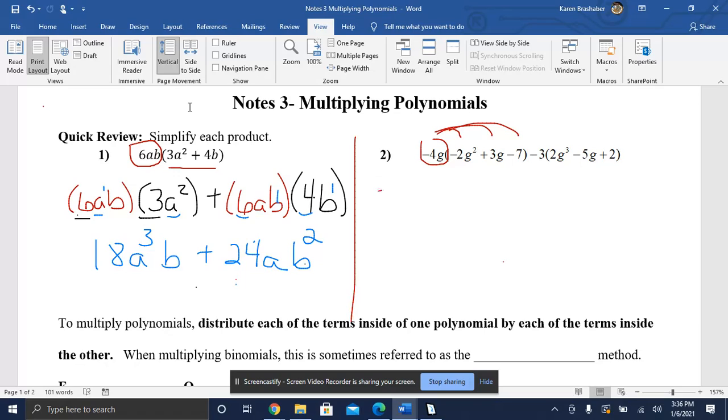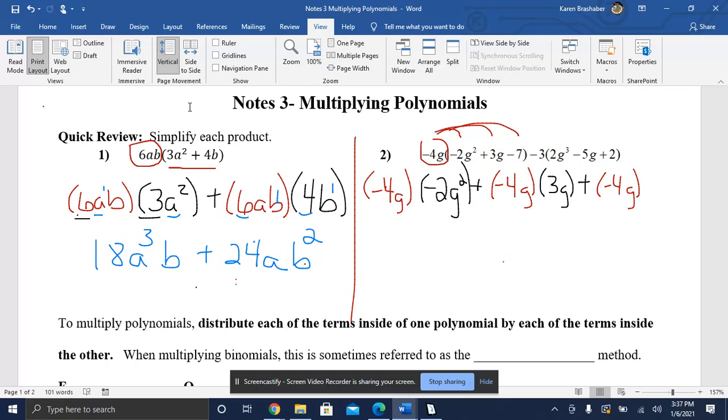So negative 4g multiplied first of all by negative 2g to the second plus, and then we'll do it again, negative 4g multiplied by 3g, and then plus, then negative 4g, and we'll be multiplying that by negative 7.